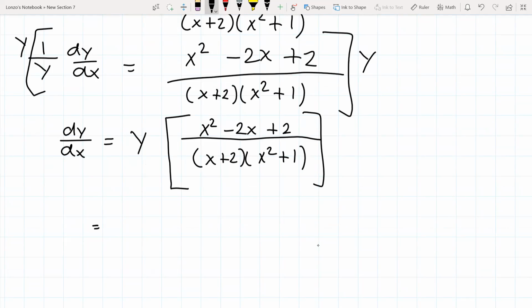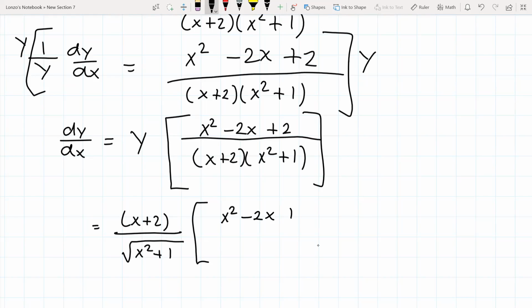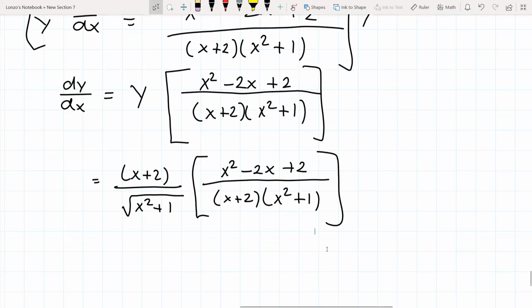Now, can you see if that cancels? The x plus 2.